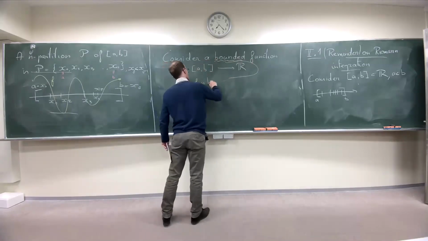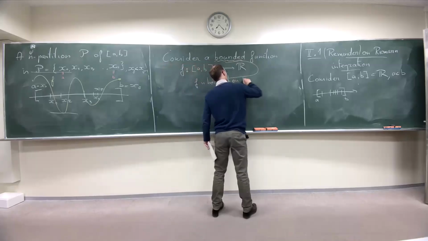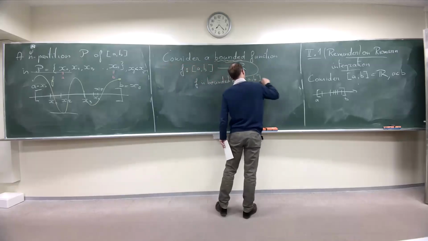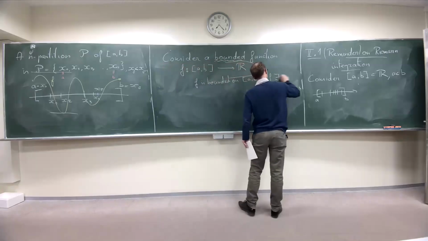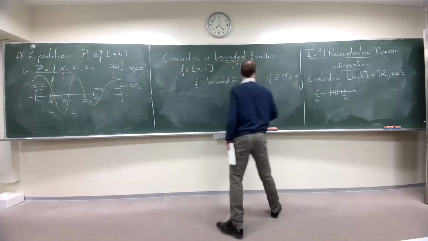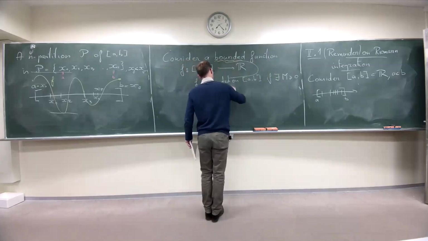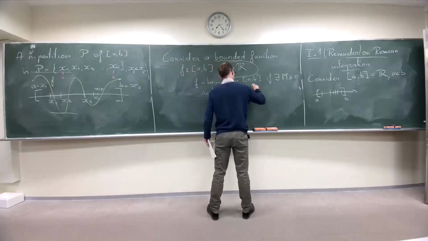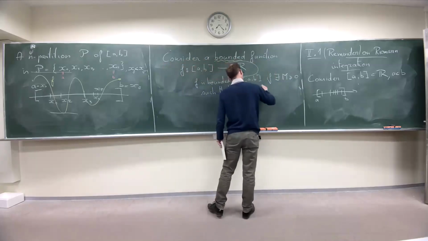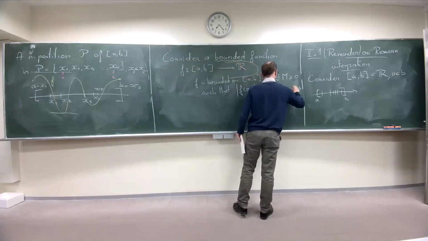F is bounded on AB if there exists m bigger than, or it can be 0, such that f of x in absolute value is smaller or equal to m for any x in AB.